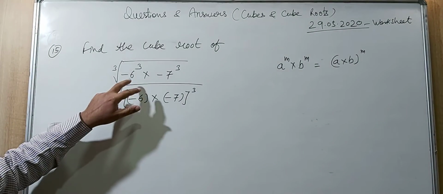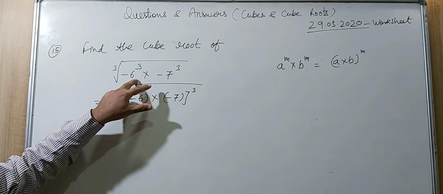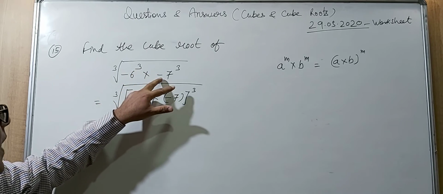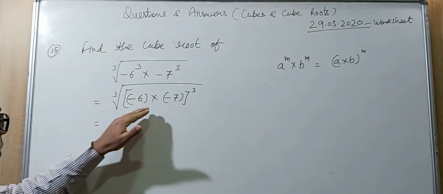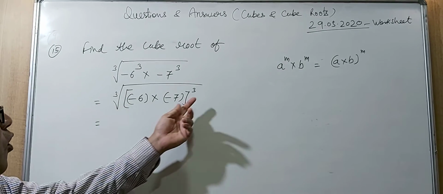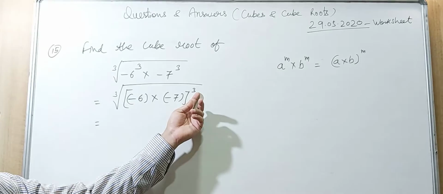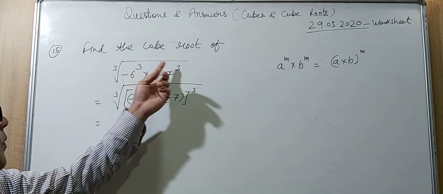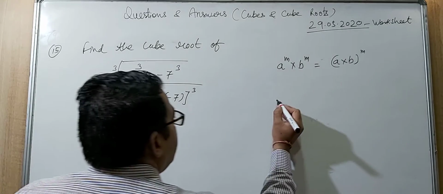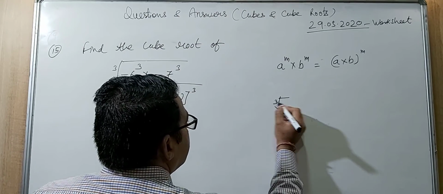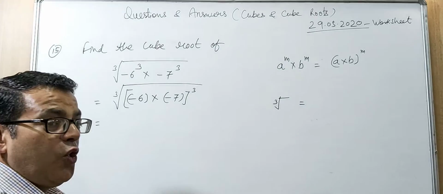Here also you can see minus 6 has power 3, minus 7 also has power 3. It means the powers are the same. So we can multiply the bases and one common power we can write here, that is 3. You can see the common power is 3 here. Hope you understand now. Now what does this symbol mean? This is cube root.